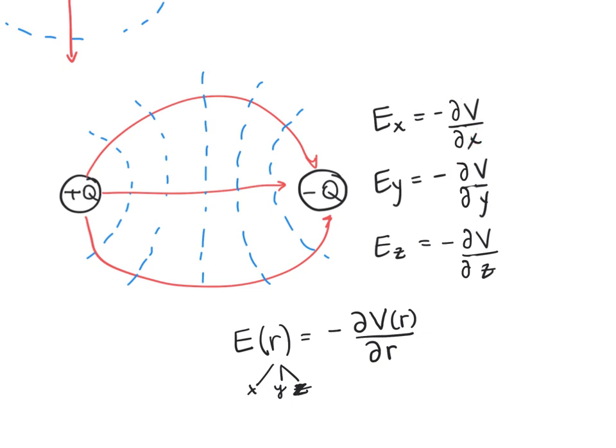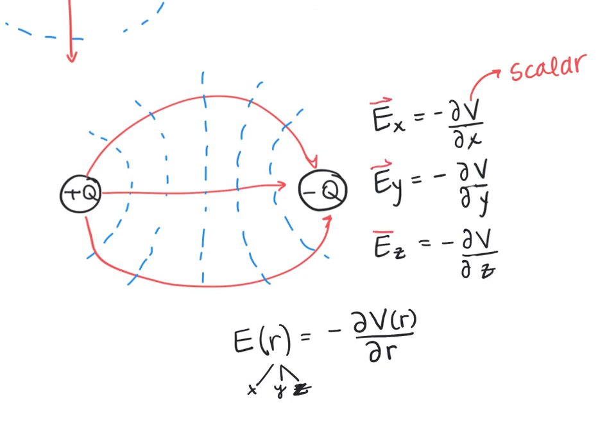This allows us to take a scalar value. Remember, this electric potential is a scalar, has no direction. And by taking the partial derivative, we're able to find a vector value.